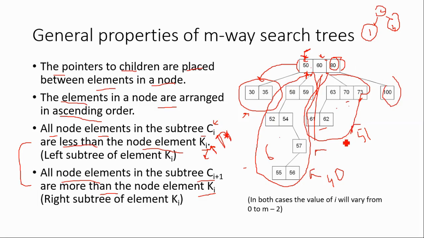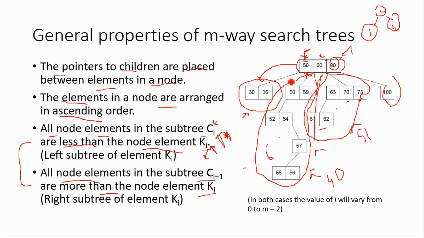So in this way you can explain that this can maintain a particular ascending order, not only among the elements in the particular node but also among the subtrees of that node.